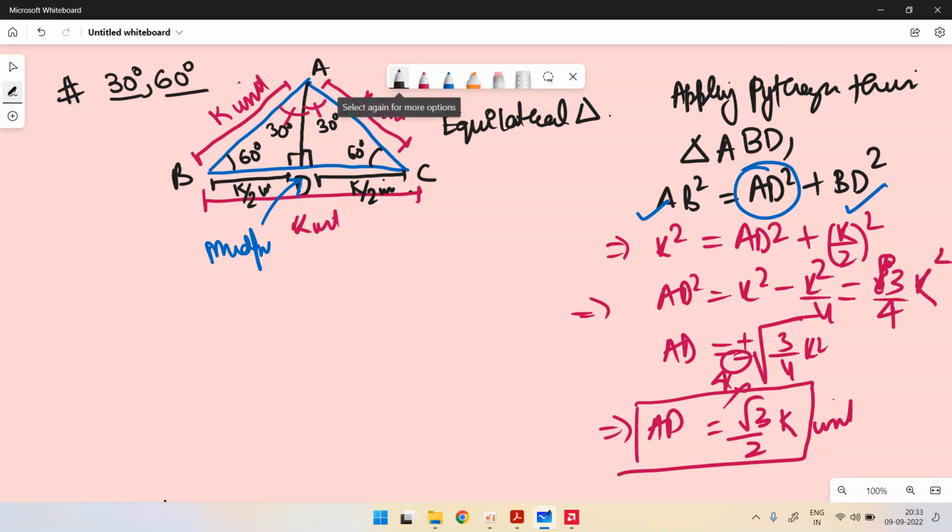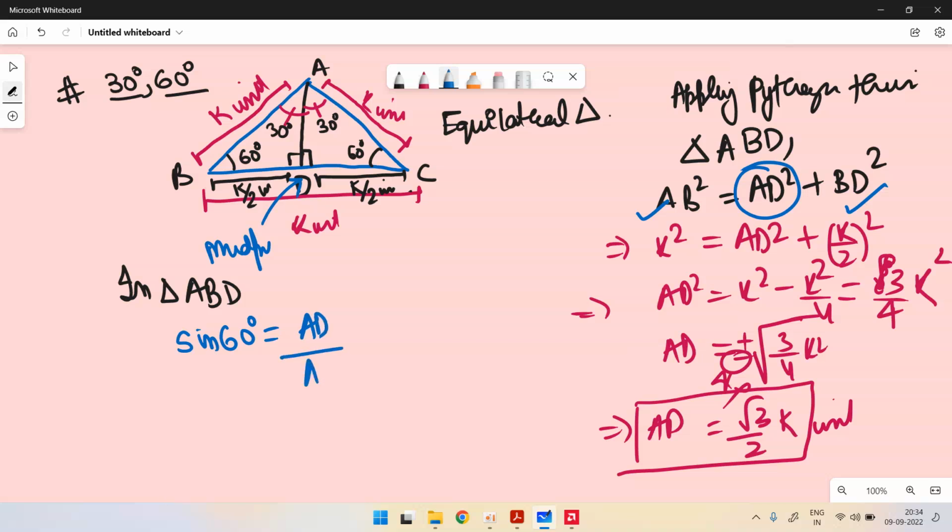Now in triangle ABD, I will just write the same. Sine of 60 degree in this triangle: this is 60, and this angle is 90 degrees, so sine 60 is perpendicular by hypotenuse. This is AD by AB.